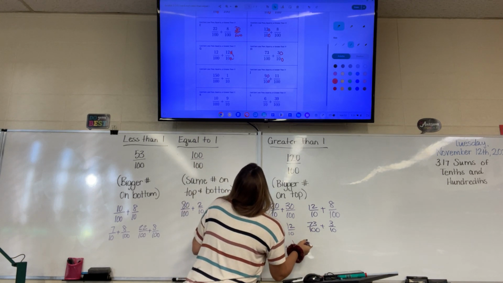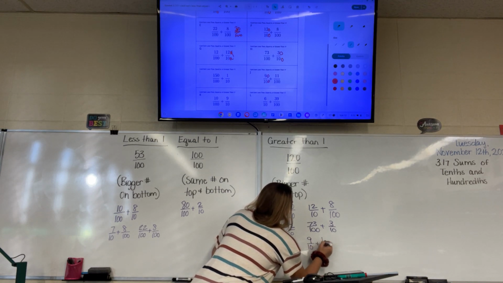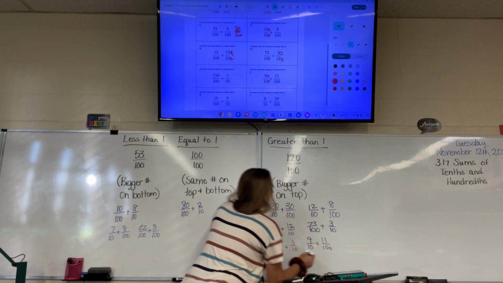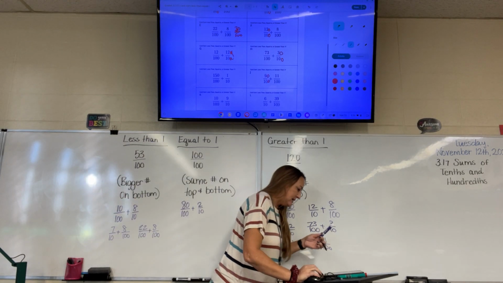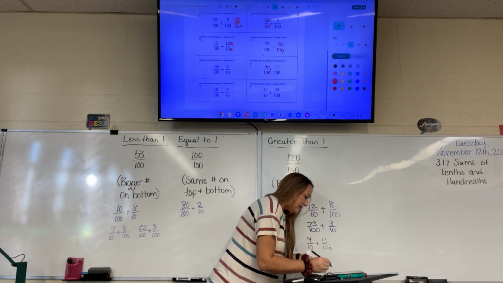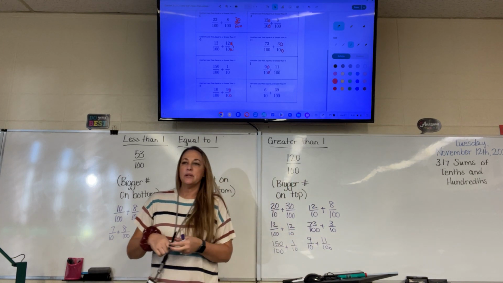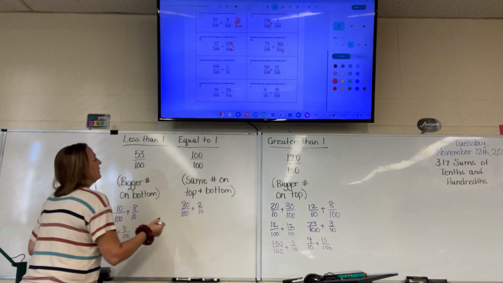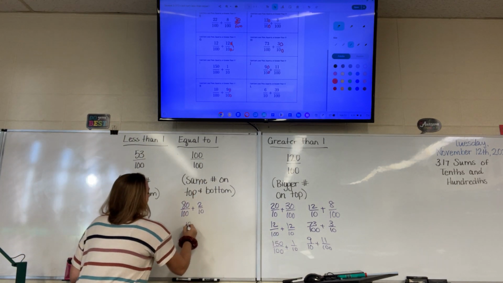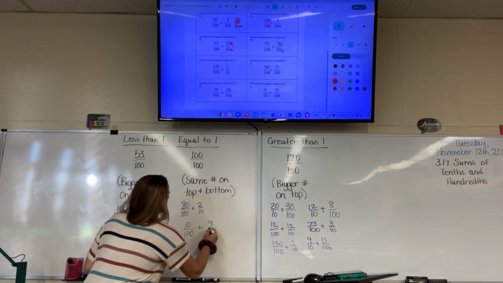So we're going to put 9 tenths plus 11 hundredths over here. All right. On the next one, we've got 10 hundredths plus 9 tenths. We got to make this 100 and this 100. What's 90 plus 10, Colton? 100, so it'd be equal to. Very nice. Yes. So 10 hundredths plus 9 tenths.